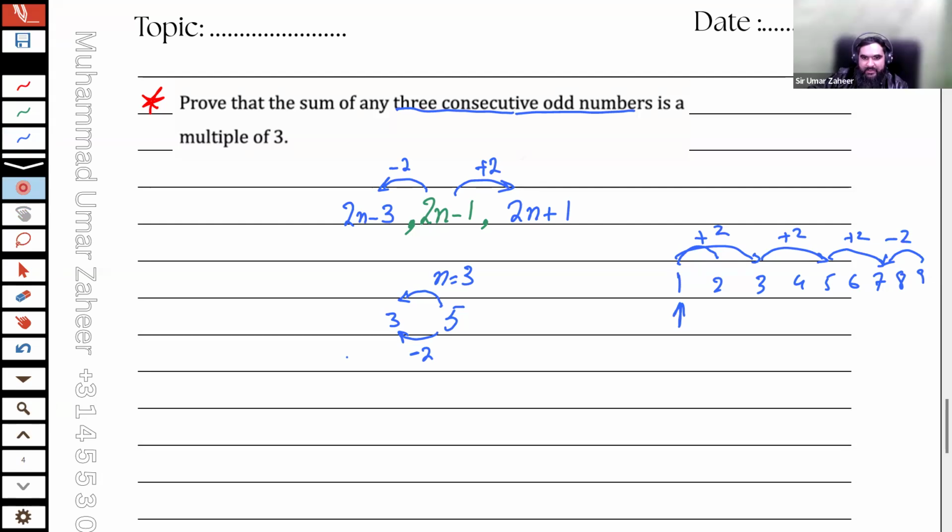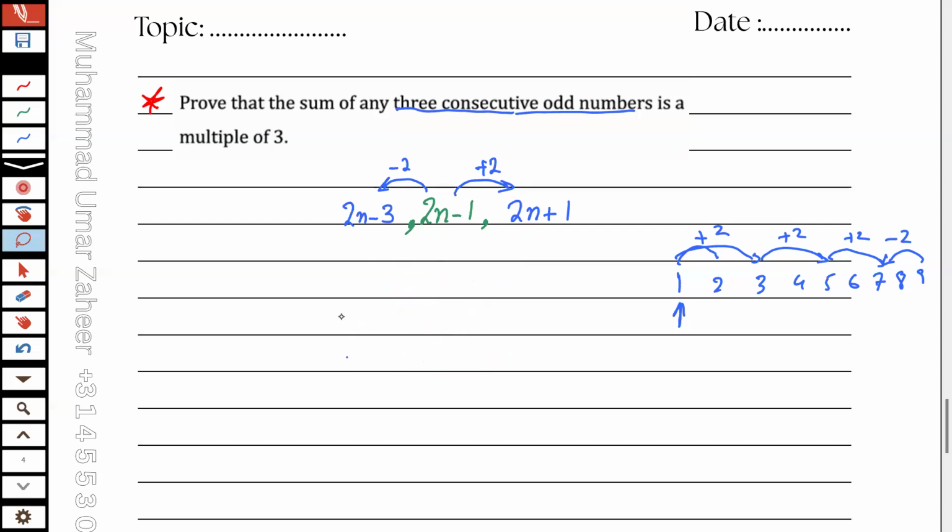Yes, everyone, any question till here? All right. Now he says prove that the sum of any three consecutive odd numbers, so we have to take the sum.